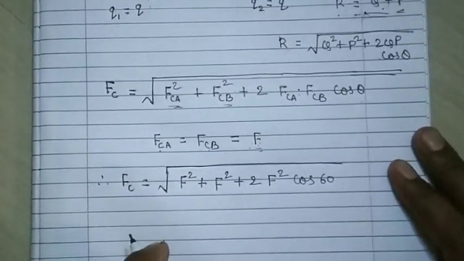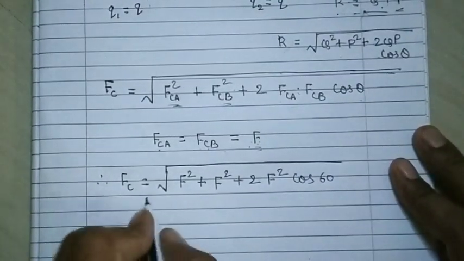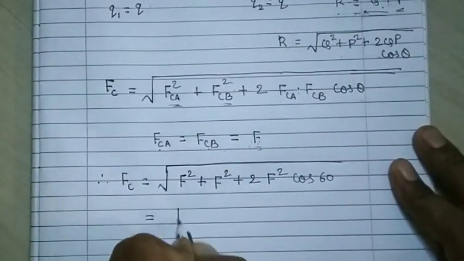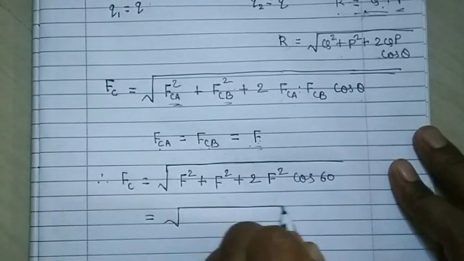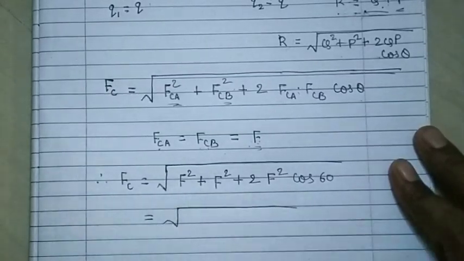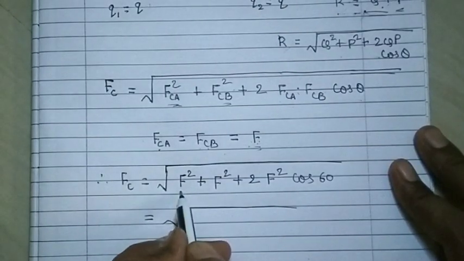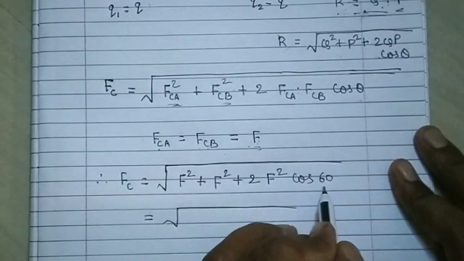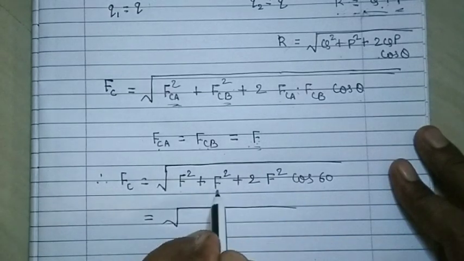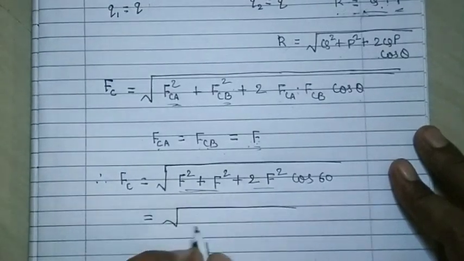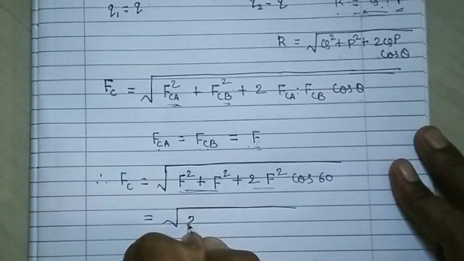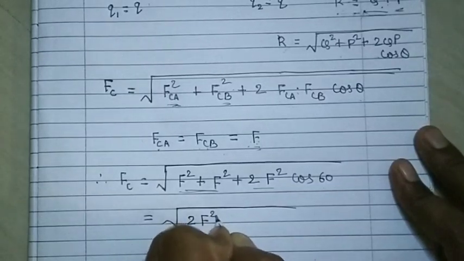Next step, quite simple. You can see here F square plus F square is 2F square. So this becomes 2F square. Here also there is a 2F square cos theta. So this 2F square and here 2F square becomes common. We can take it common. So 2F square is common.